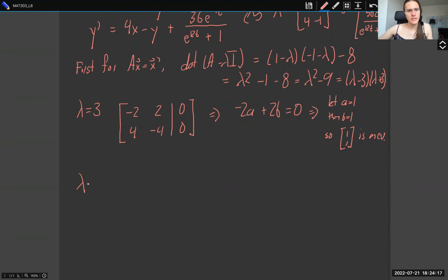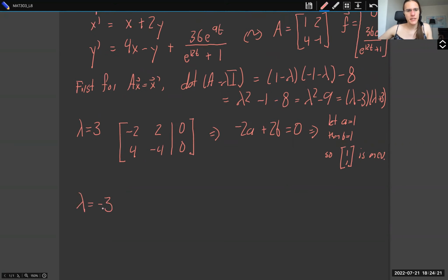And now for lambda equal to -3, what we're going to do is we're going to add 3 to the diagonal. So we're going to get 4, 2, 4, and then literally 2. They're literally the same row. And that's 4a plus 2b is equal to 0.